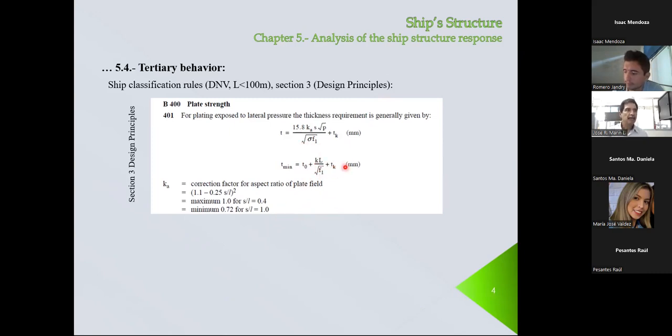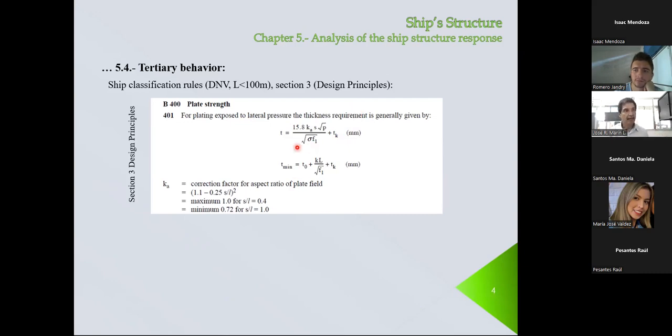I'm attaching this because it's very interesting. You see that they have this expression, but it depends basically on the size of the ship. They are not telling us about the spacing or the pressure. So what I think is that this is the design thickness considering the operation of the ship.